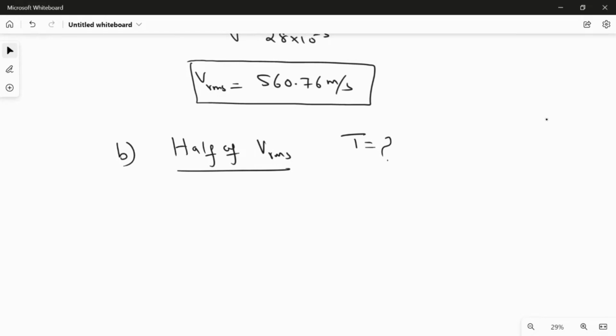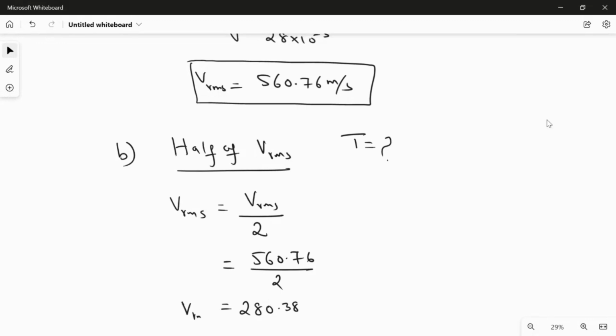Half of VRMS is 560.76 over 2, and we got the answer as 280.38. For the second part, this is our RMS speed, because we have to consider half of the RMS that we already calculated in the first part. For this half of the RMS speed, we are going to find the temperature.